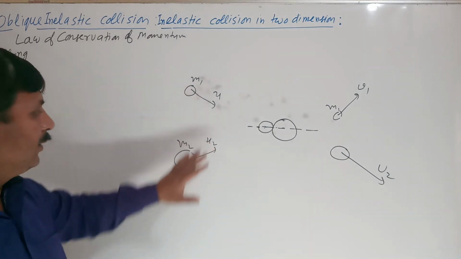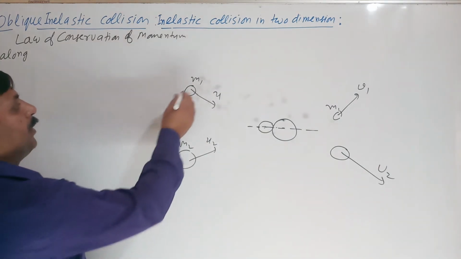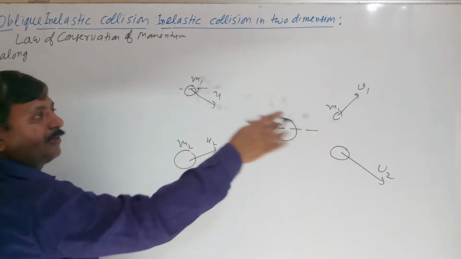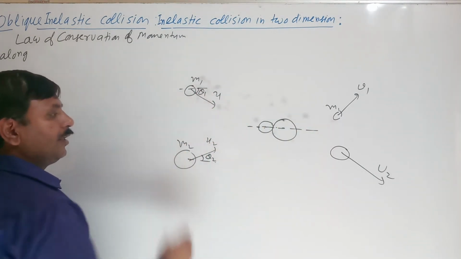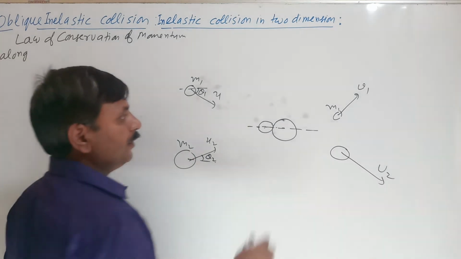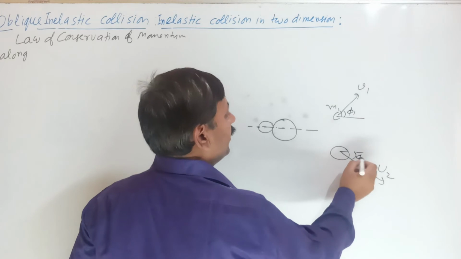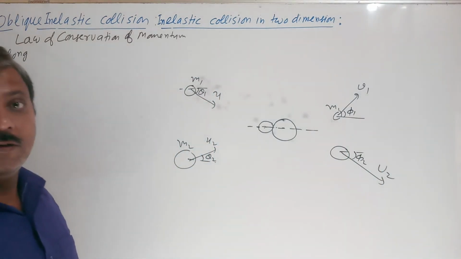m1 with u1, m2 with u2. m1 makes an angle with the x-axis; suppose this is theta 1, this is theta 2. After collision, this angle is phi 1 and this angle is phi 2. And what is the line of action for the collision?